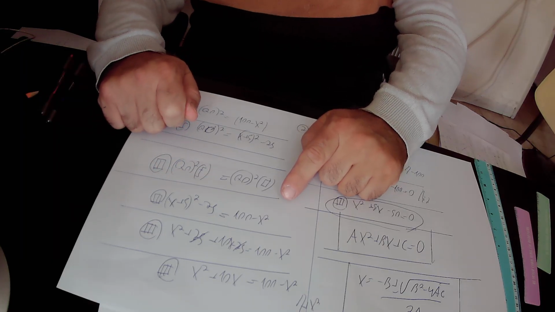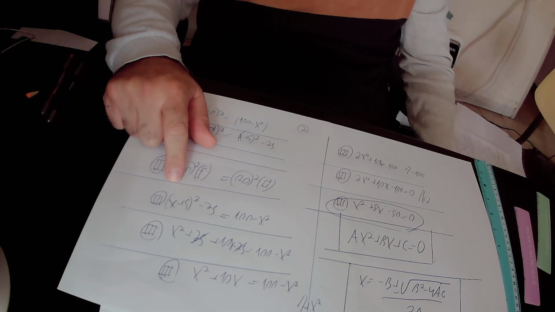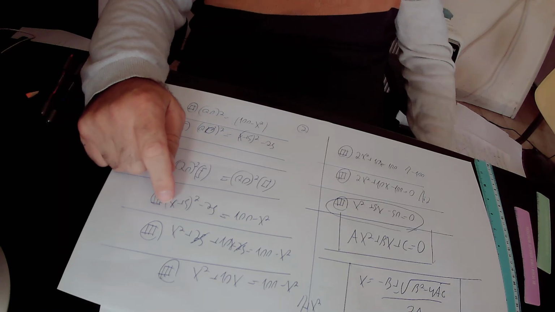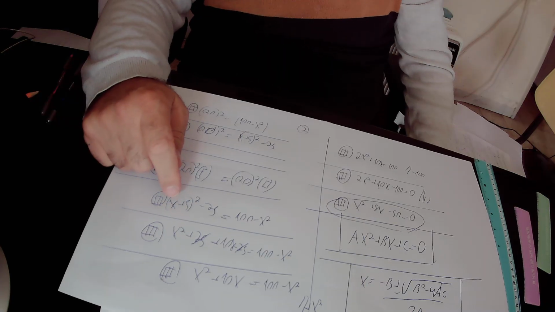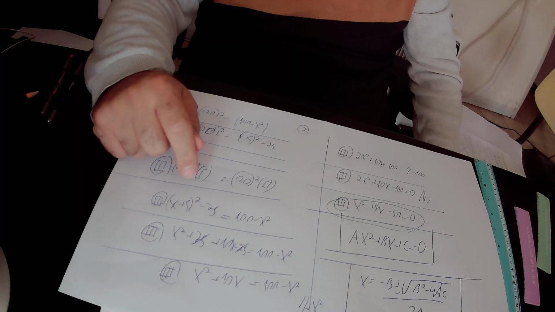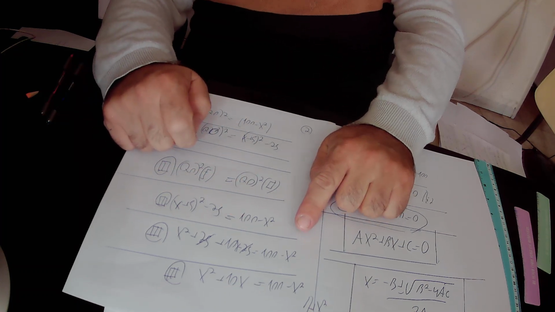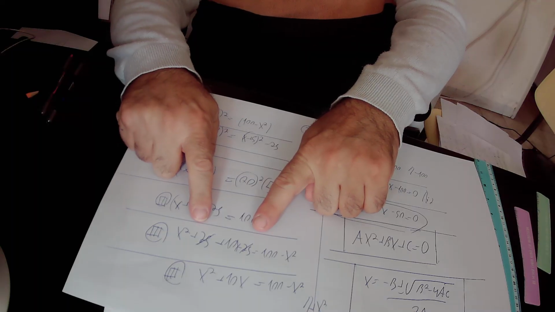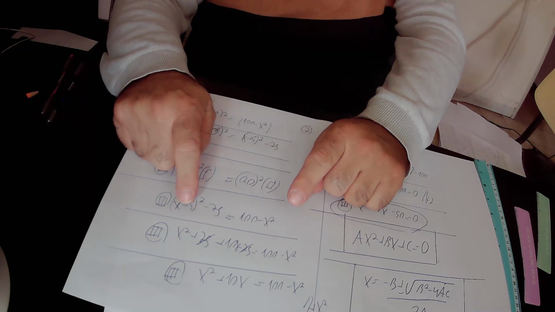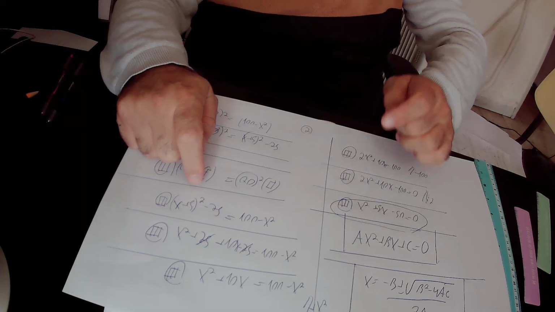Open the brackets of this expression and find out that x plus 5 squared equals x squared plus 5 squared plus 2 times x times 5, that is 10x. And we have here minus 25 equals 100 minus x squared. Here we have 25 minus 25 is 0. After we cancel 25, we are left with x squared plus 10x equals 100 minus x squared.